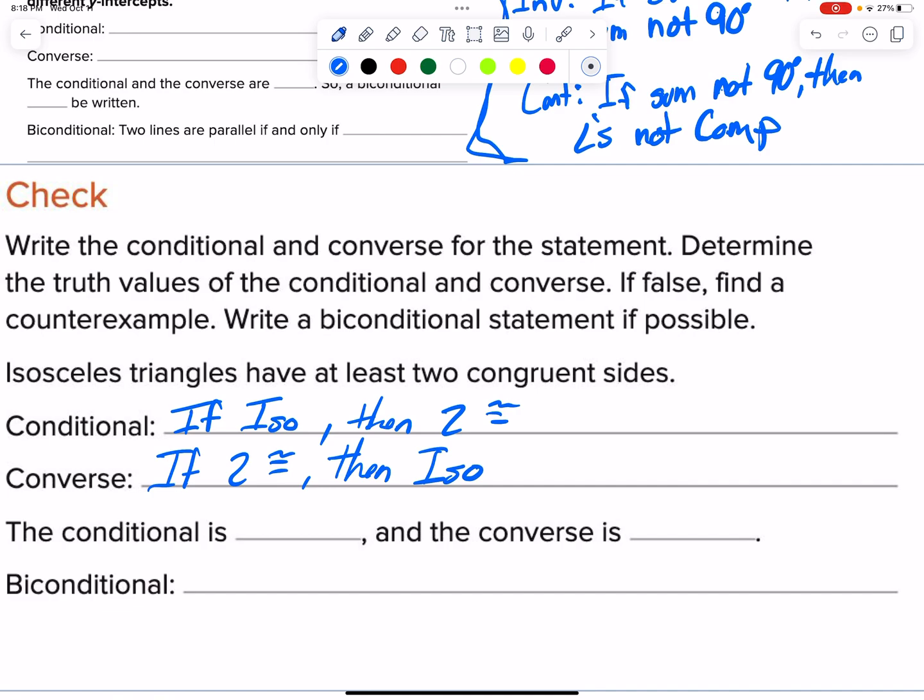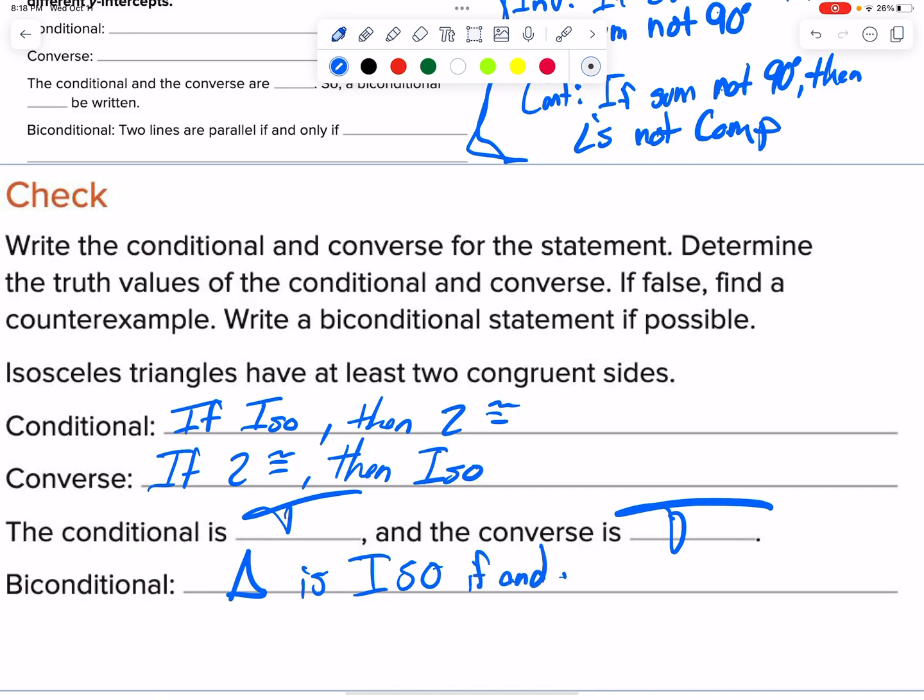So if those two in a row are both true, the conditional statement is true and the converse is true, you can write a biconditional. So a triangle is isosceles if and only if it has two congruent sides.